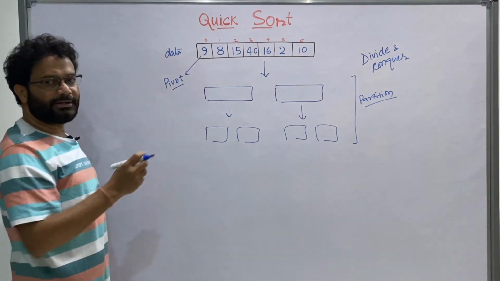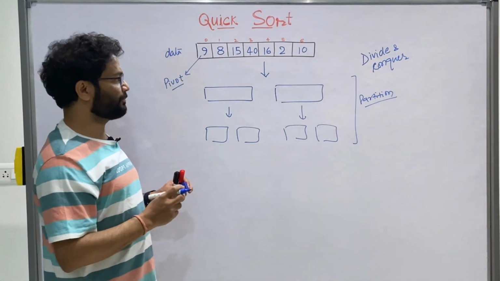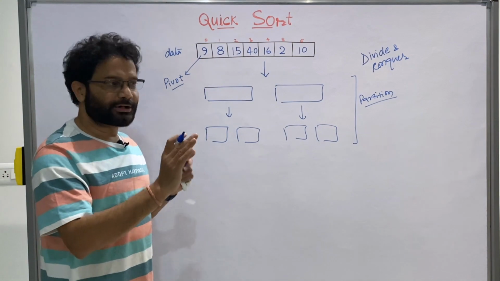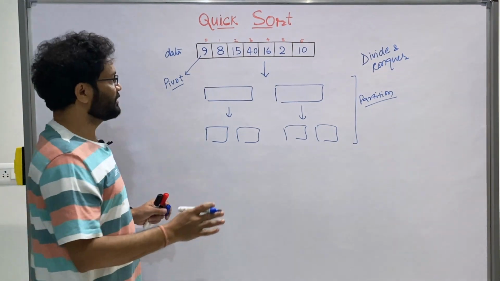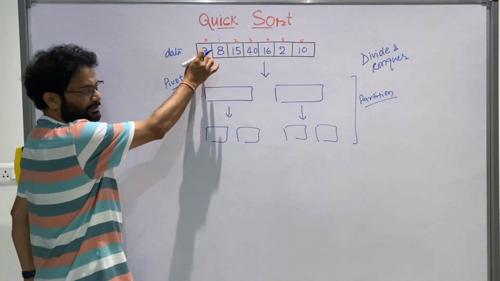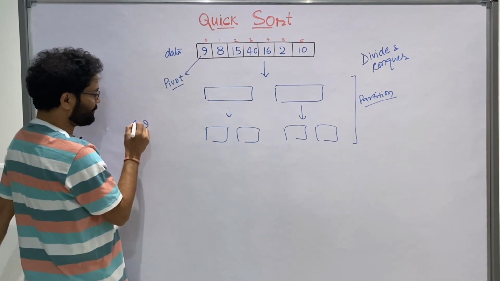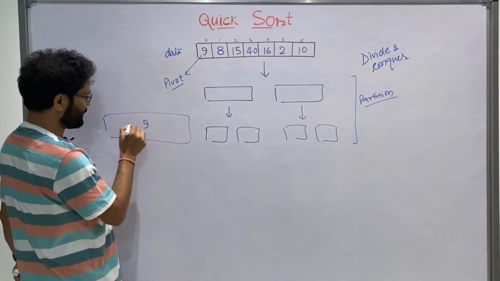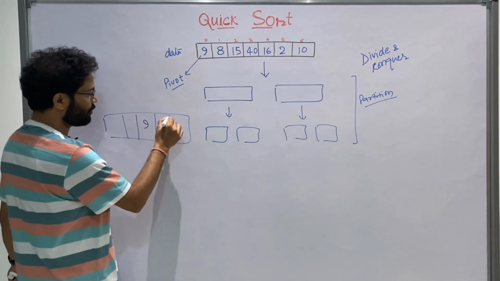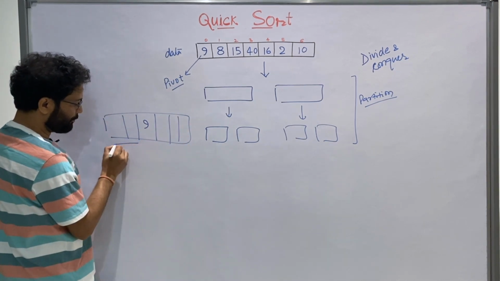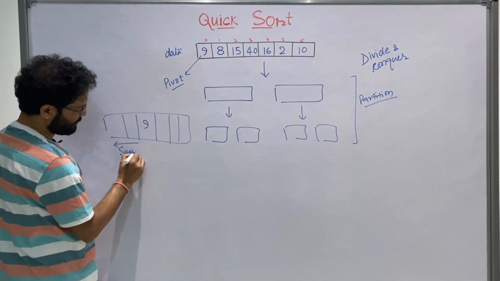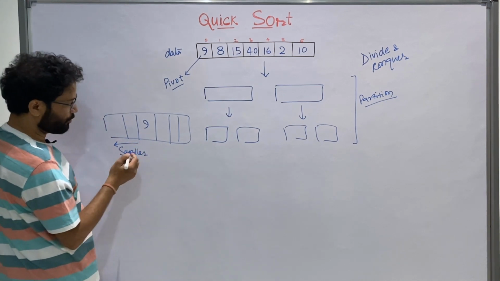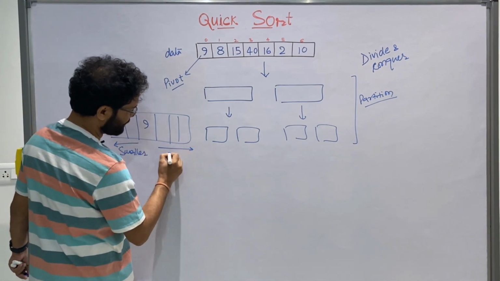You take any number and keep it in its sorted position. Sorted position means, suppose you pick 9, you keep 9 in such a position that all the elements before 9 are smaller or equal, and after 9 they are greater.